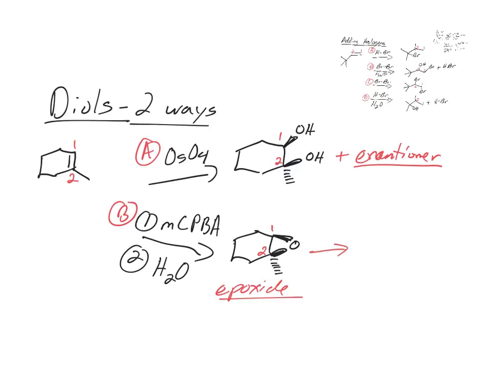Because if it was a carbocation, would we get trans or would we get a mix? If it's a carbocation, you get a mix, right? Because with a carbocation, you can come from the top or the bottom. We don't get a mix. We only get trans.